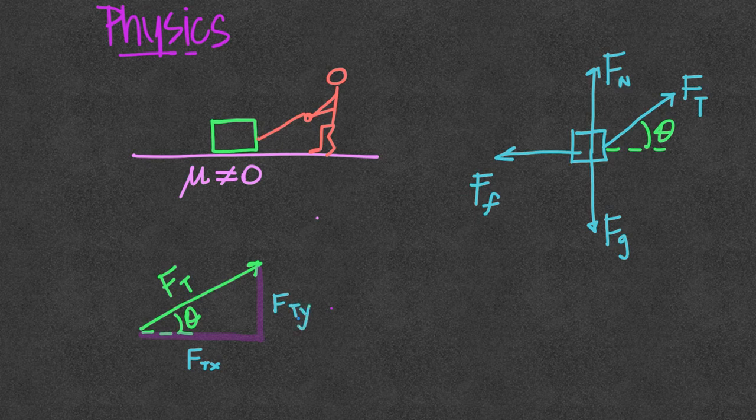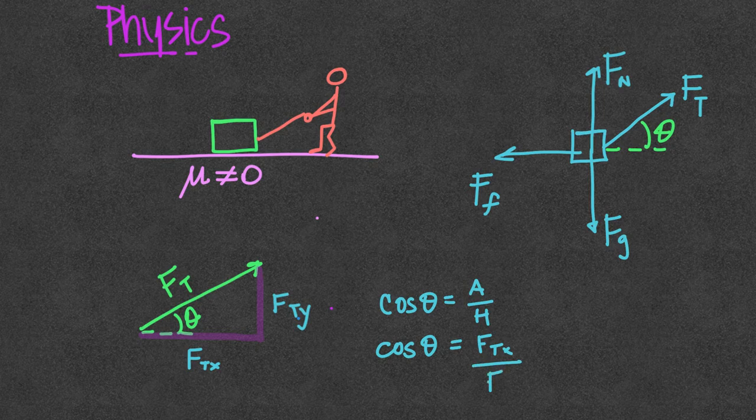Now, the adjacent side goes with cosine. So if you remember, the cosine of an angle is adjacent over hypotenuse. And in this case, it would be the cosine of the angle. Adjacent would be the x component of our tension.